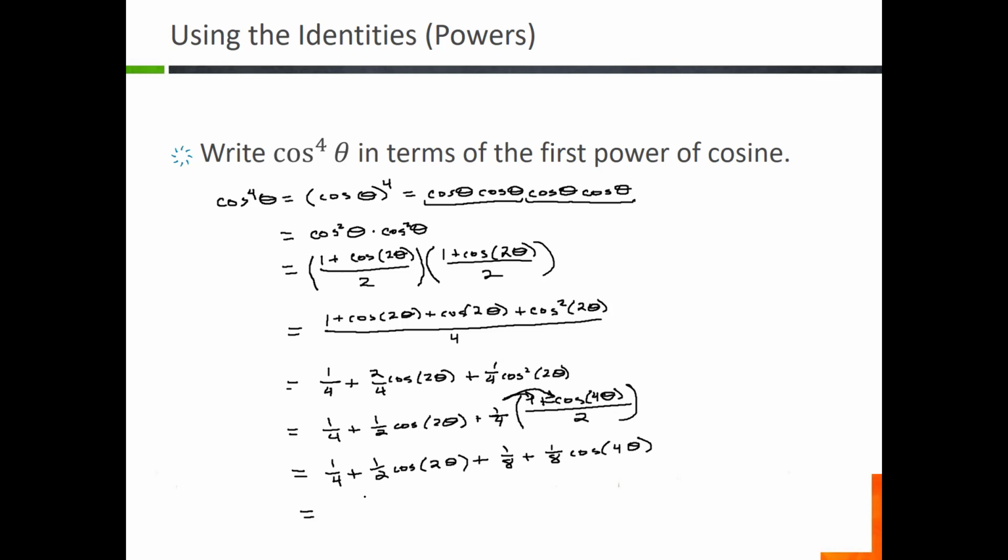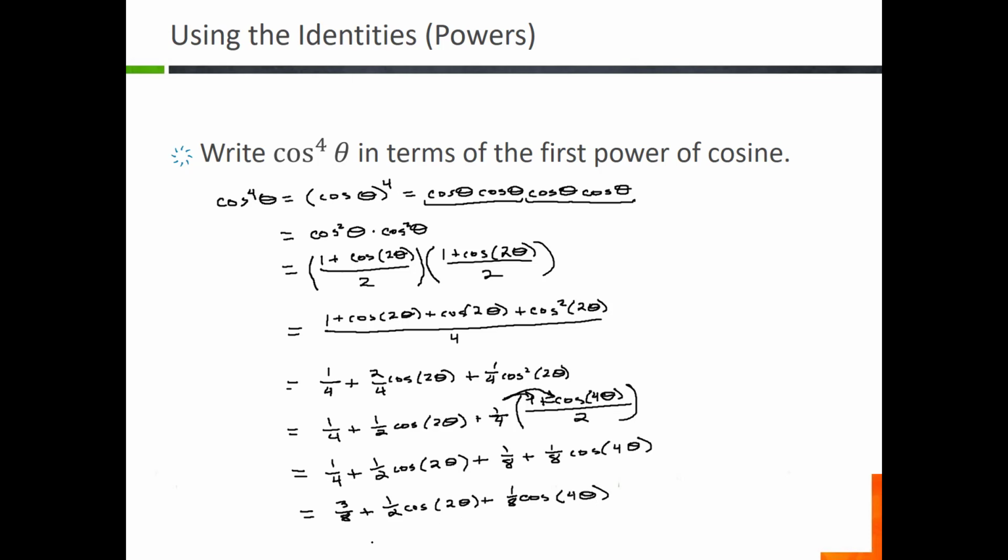If we combine like terms, the only things that are like terms right now are the 1/4 out front and the 1/8. So 1/4 plus 1/8 would be 3/8. Again, common denominator for the 1/4. So 3/8 plus 1/2 cosine of 2 theta plus 1/8 cosine of 4 theta.